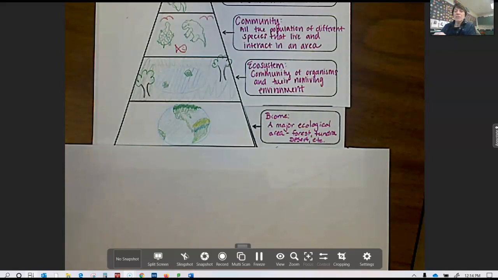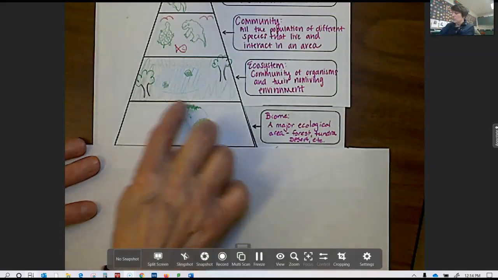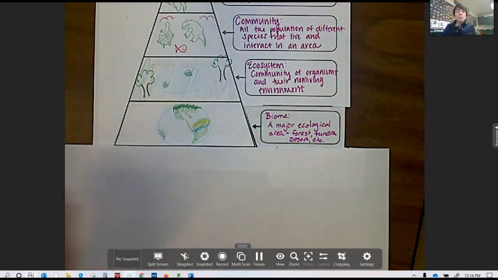And you can see on the globe here, I tried to show you that they occur in bands across the globe, kind of with the latitude lines. And when you see maps of them, you'll see that they'll be colored different colors. But the idea here is that where ecosystems can be rather small and narrow, a biome is a large area.